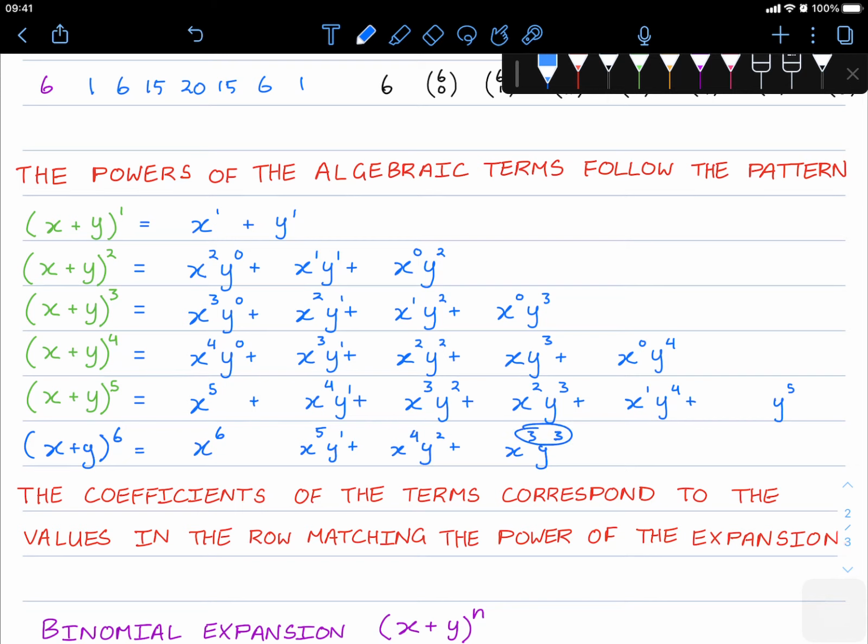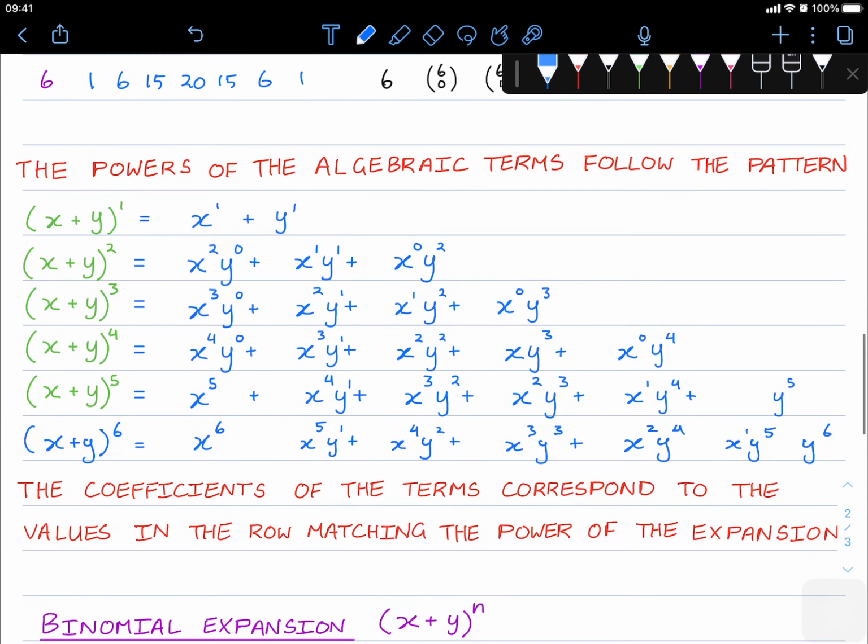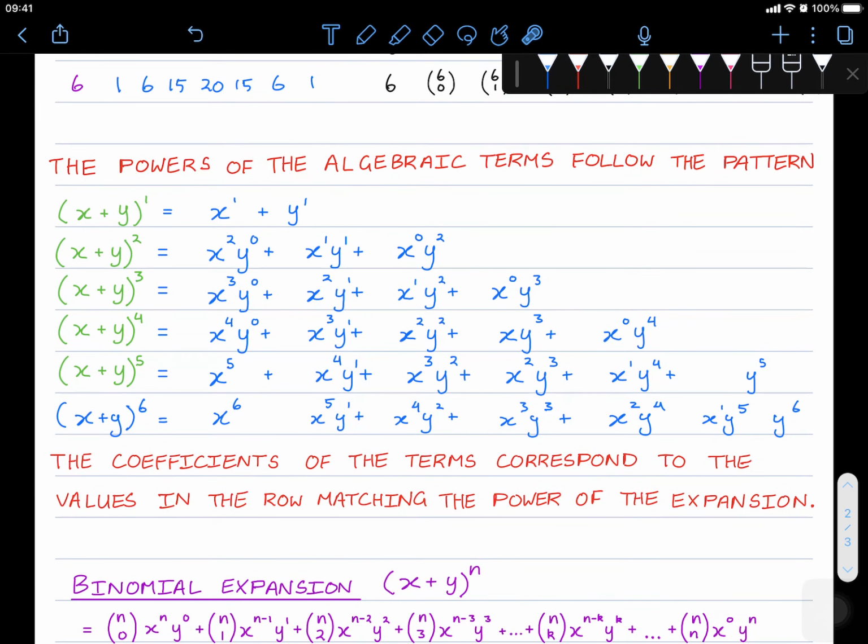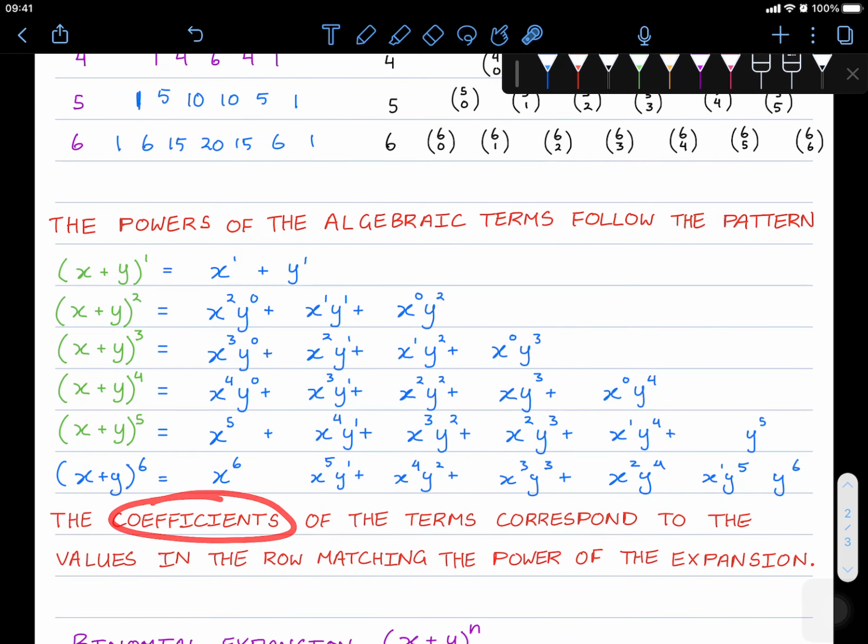Notice how it's also always adding up to the power. 4 plus 2, 6, 5 plus 1, 6, and so on, plus x^2 y^4, x y^5, y^6.